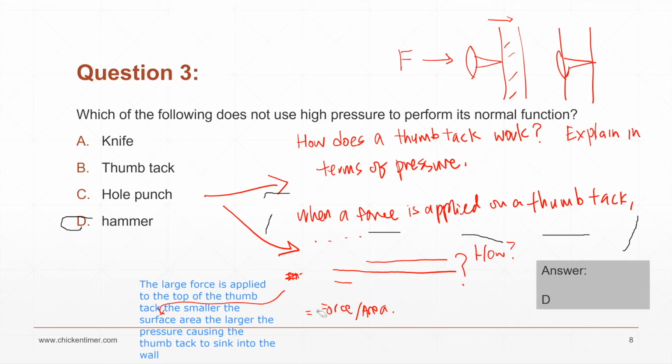Okay, let's dissect your answer even further. The large force is applied to the top of the thumbtack, then causing the thumbtack to sink into the wall. So these two join together.